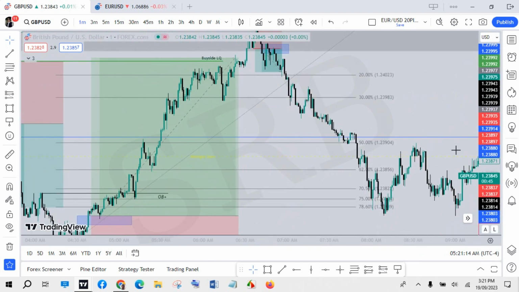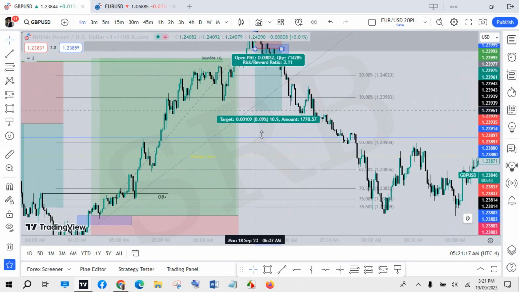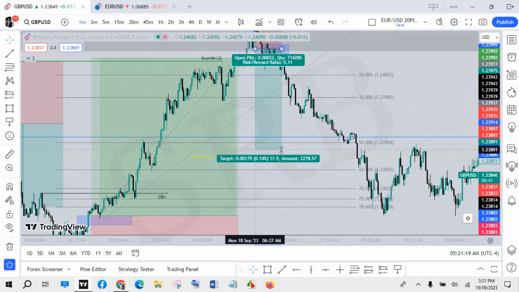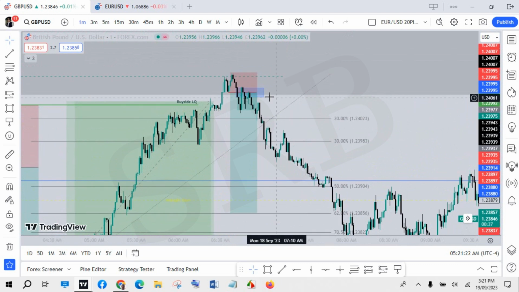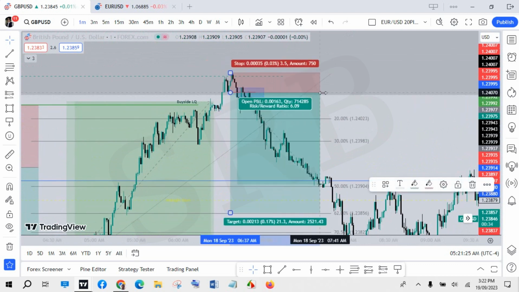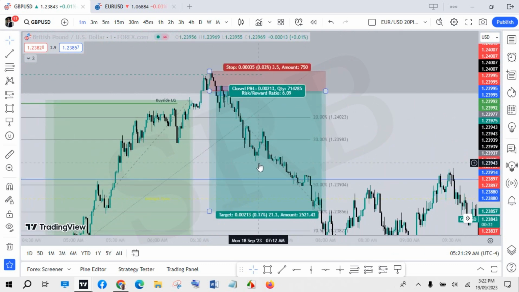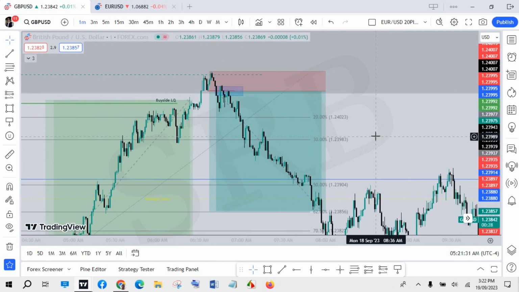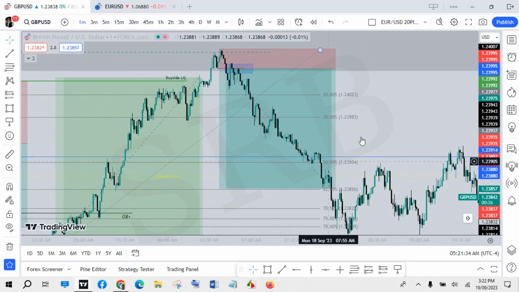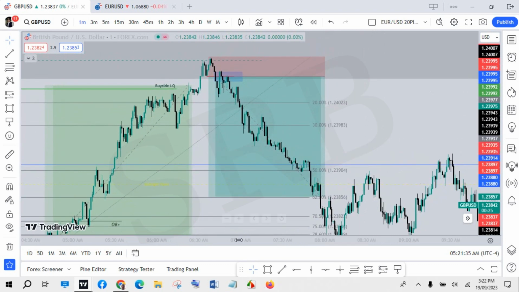So we can target any one of those. If we target that 62% level as buy side liquidity, yes, that is a 6-to-1 risk to reward trade. You could take that.